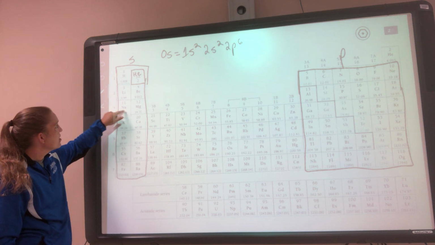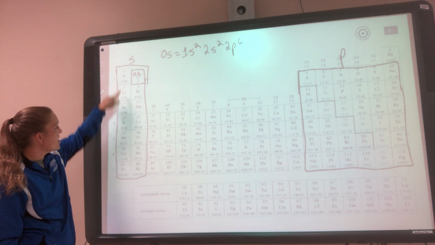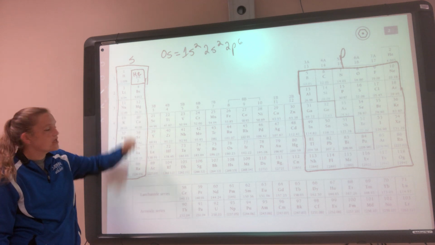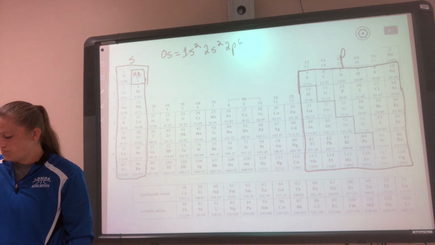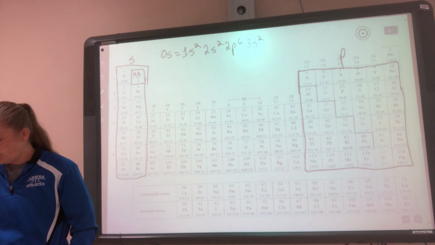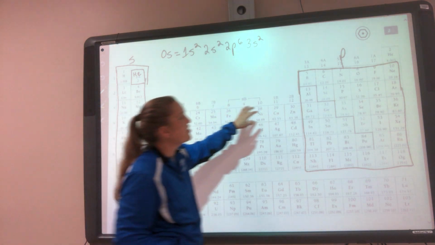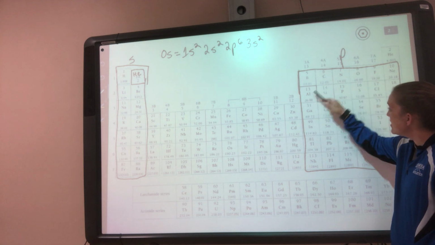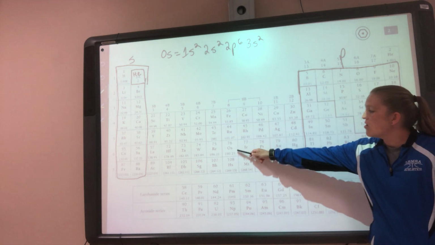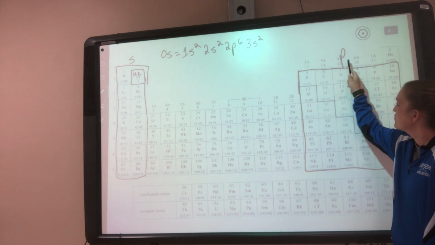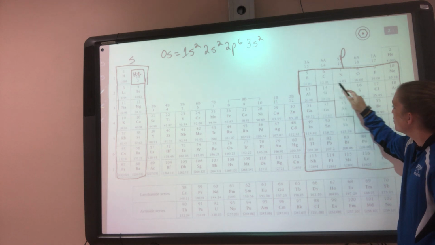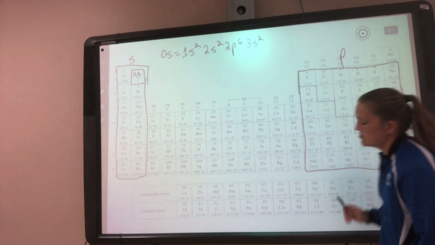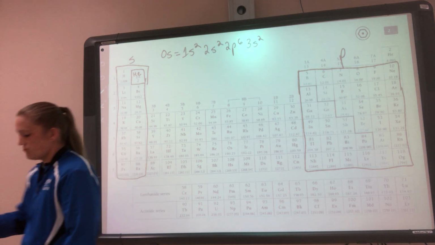Number 3, we're in the s block, so 3s, and then we'll do both of those, 3s2. Now we're over here, so this should match our aluminum that we wrote earlier. So we're in the 3p, but I don't want aluminum, I want to go all the way to Os. So 3p, 1, 2, 3, 4, 5, 6. 3p6.